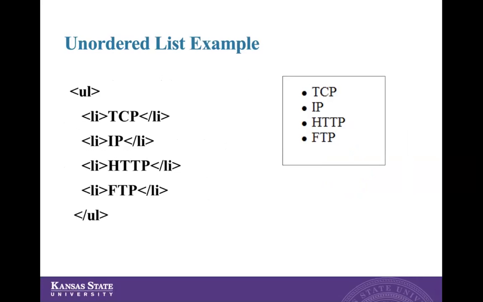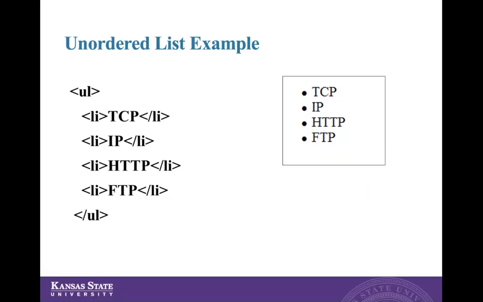Here's an example of the code for an unordered list. We start the first line with our opening UL tag, with UL within the brackets, and then bump to the next line to start our list. We want these different lines of text to have a bullet before them, so for each line we nest the text inside of the LI tag.